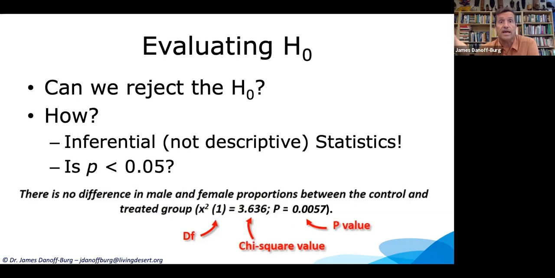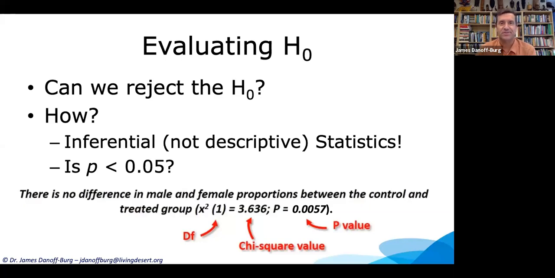The answer is, of course, yes, because 0.0057 is less than 0.05. Instead of 5% of the time, it's 0.57% of the time, which is a lot less than 5% of the time. Make sense?